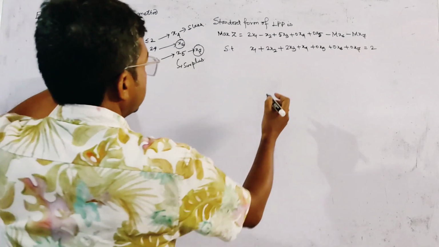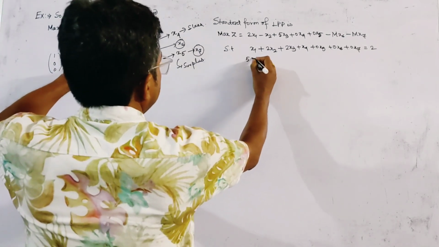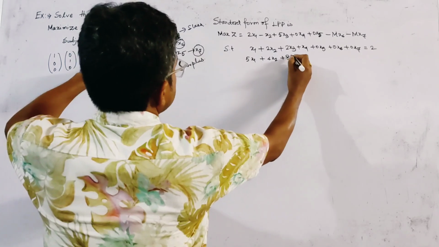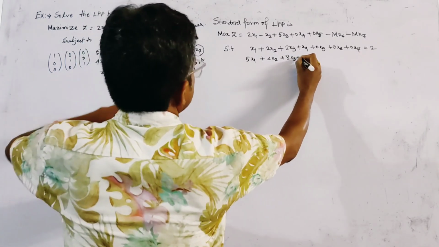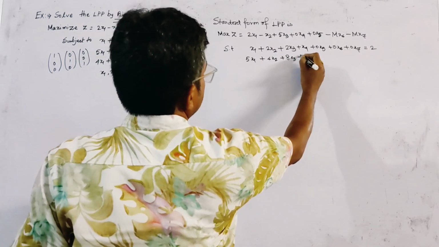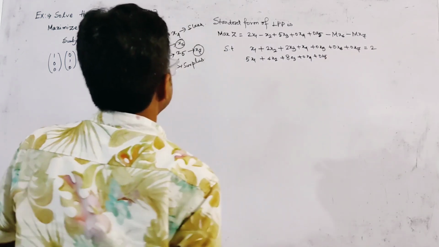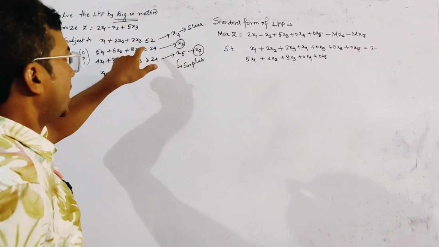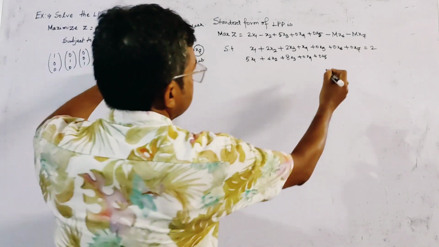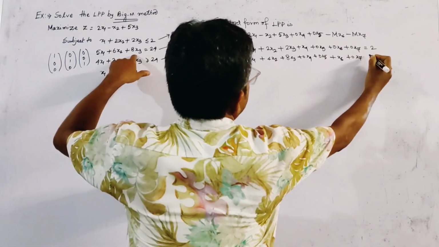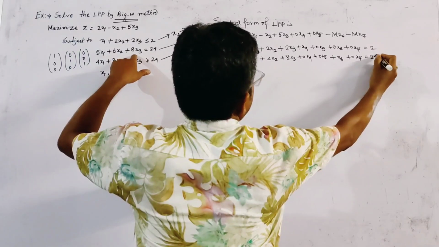The second constraint is 5x1 plus 6x2 plus 8x3 plus 0x4 plus 0x5, and x6 is the artificial variable, plus 0x7, equal to 24.